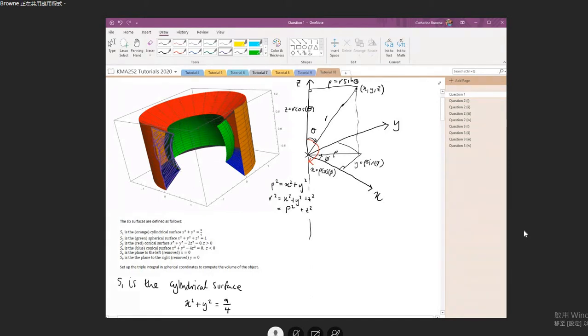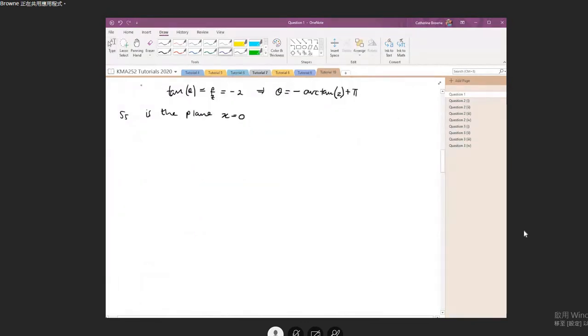And so in spherical coordinates, again, we find that x is equal to 0 is just the constant phi is equal to 3 pi on 2.